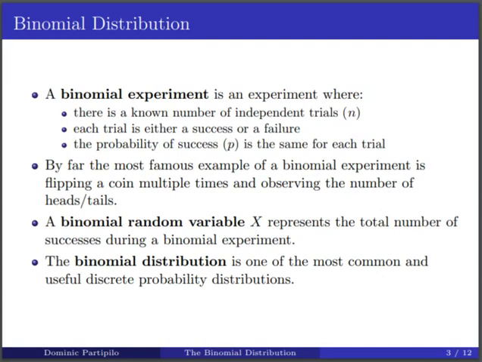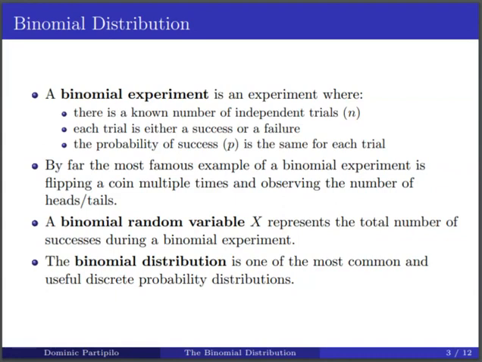And then the probability of success is the same for each trial, and we're going to use p to denote this probability of success. Like I said before, the most famous example of a binomial experiment is flipping a coin multiple times and observing the number of heads or observing the number of tails.